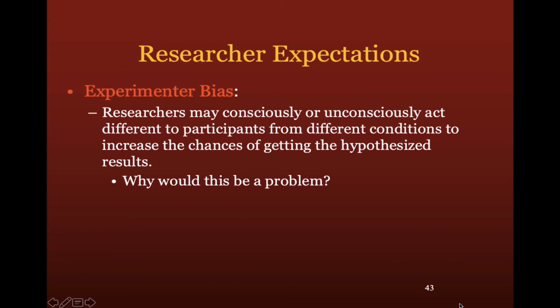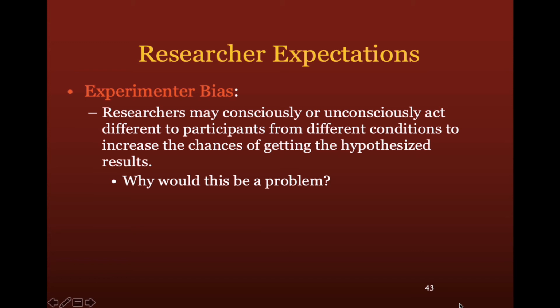You also have to think about managing the expectations of the person who's actually administering the study, right? So you might have an undergraduate research assistant who's administering the study, and they might say or do things that might get the participants to act in ways that are in line with the study's hypotheses.